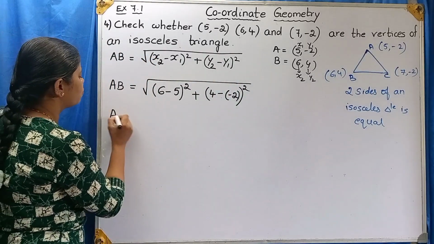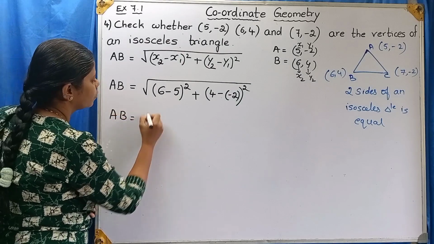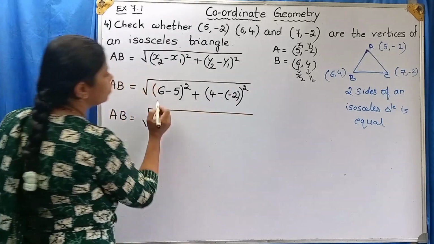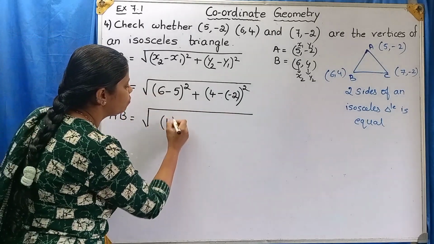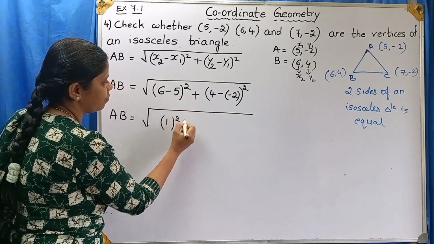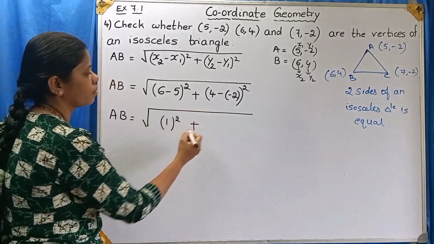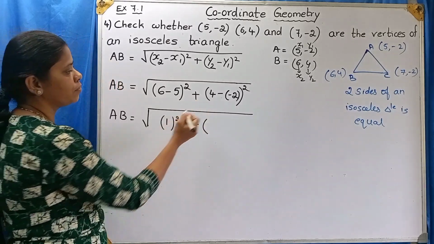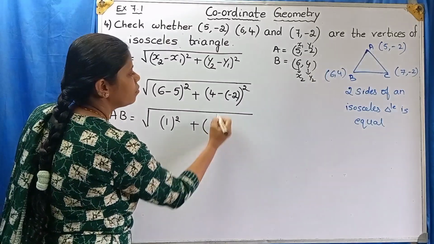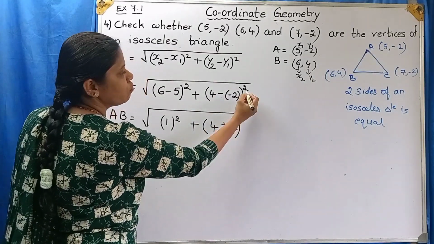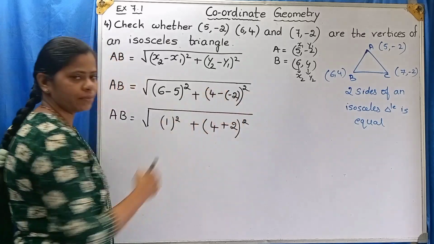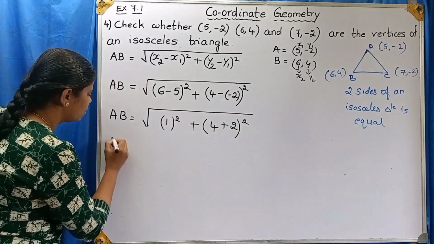Now AB is equal to the square root of (6 minus 5 is 1) 1 square plus, look carefully, 4 minus into minus is plus 2, that is 6 square.